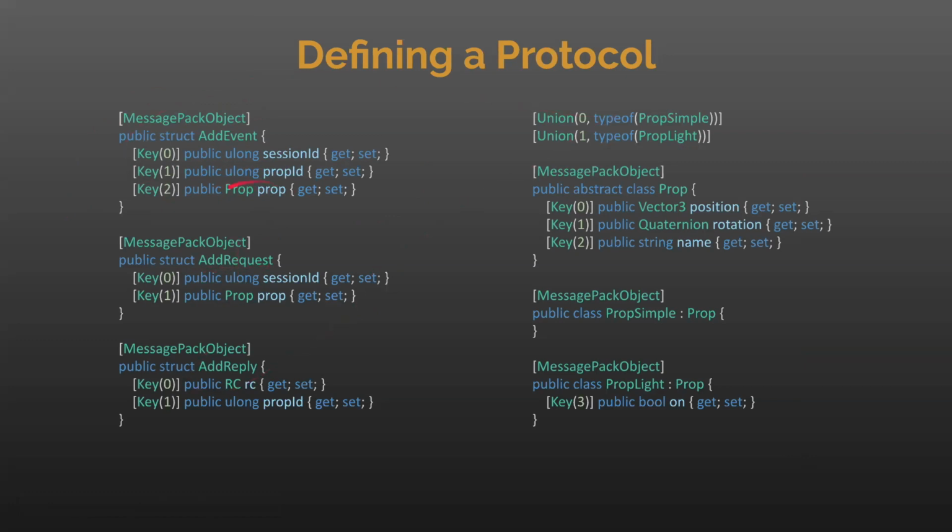And you notice there's a property in here. These can be defined also even as an abstract class, where you have the base class, and then you can use a union and extend that class to create more complex objects.